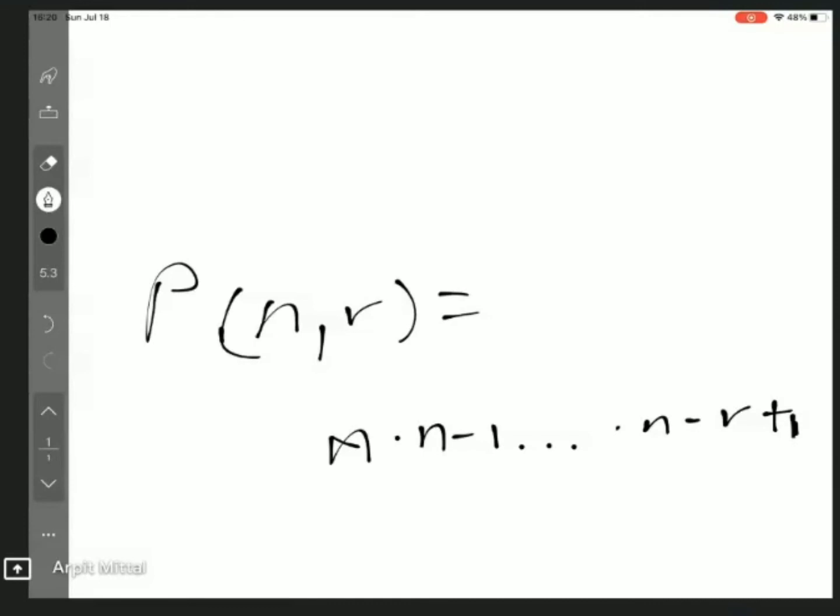If you notice, this multiplication is just n factorial without the terms from n minus r all the way back to 1. So because of this logic, P(n, r) is also n factorial divided by n minus r factorial. Do you understand this? Do you understand why these two products are essentially the exact same thing? Okay, I'll take that as a yes.